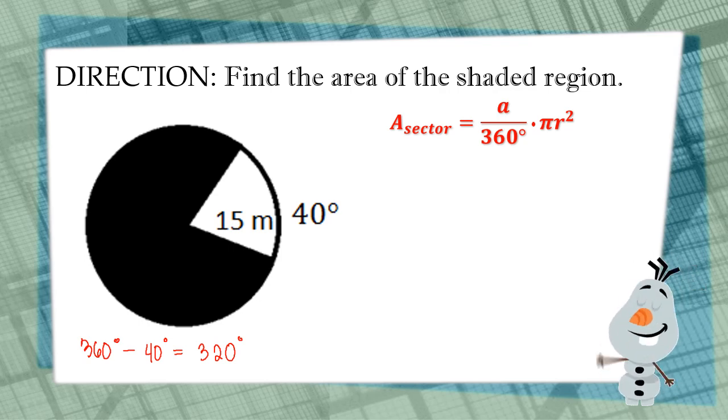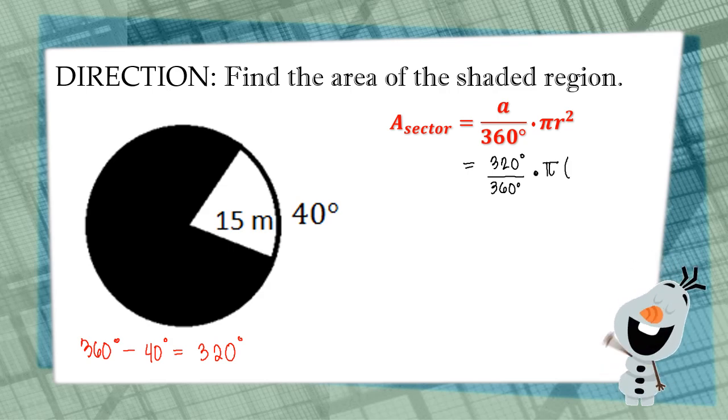So now let us substitute already. So we have 320 degrees divided by 360 degrees times pi, and our radius is 15 meters. So we may substitute this already, squared.